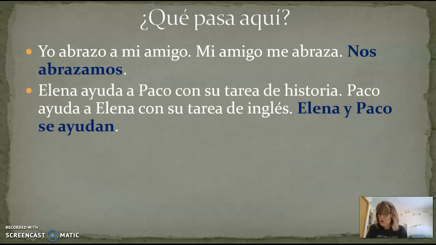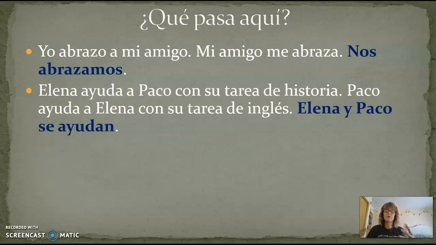Elena ayuda, verb ayudar is to help. Elena ayuda a Paco con su tarea de historia. Elena es muy inteligente con la historia. Paco ayuda a Elena con su tarea de inglés. Elena ayuda a Paco, Paco ayuda a Elena.